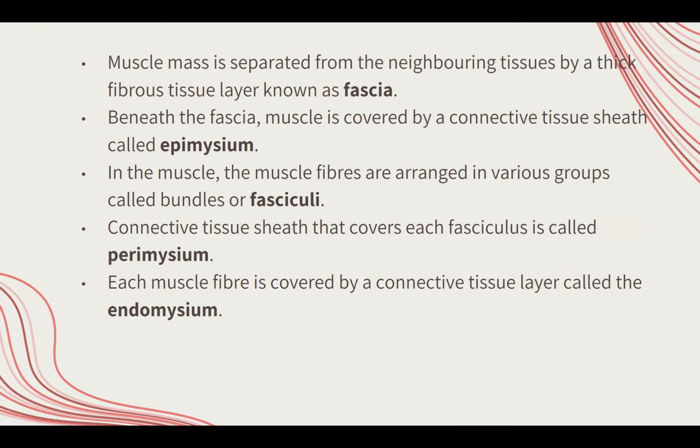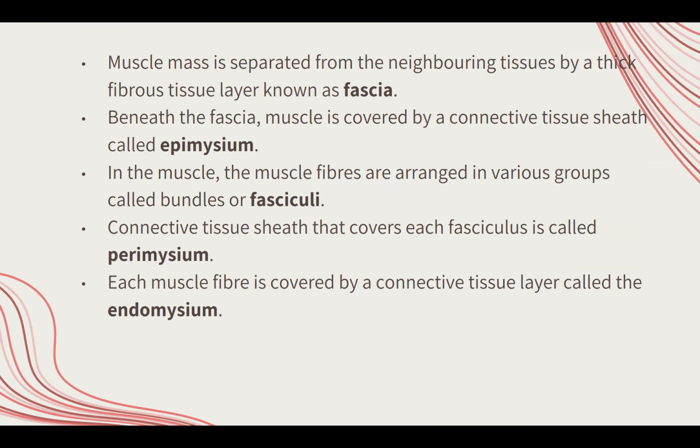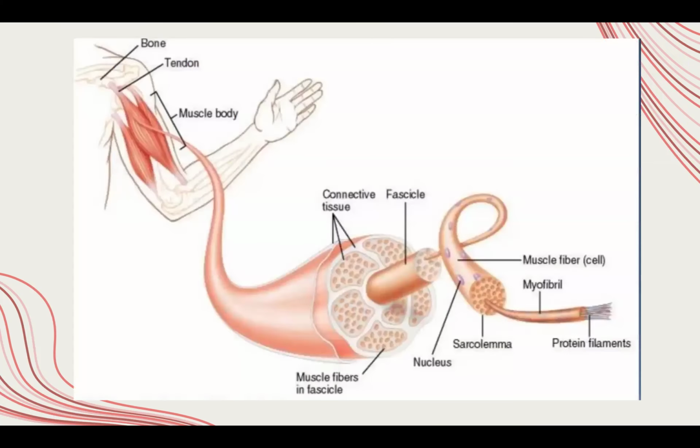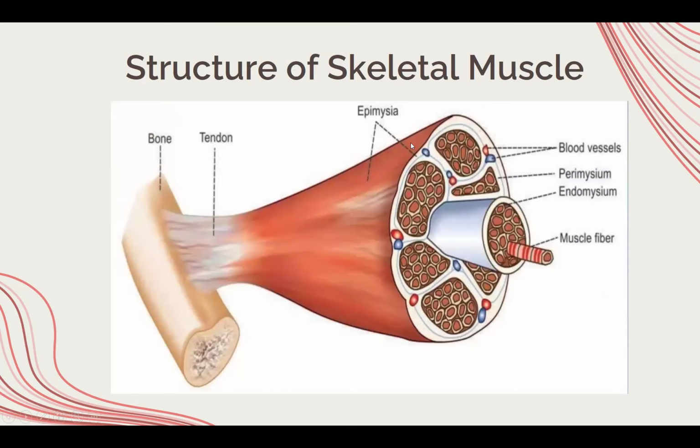The muscle mass is separated from neighboring tissues by a thick fibrous tissue known as fascia. Beneath this fascia, the muscle is covered by a connective tissue sheath called epimysium.